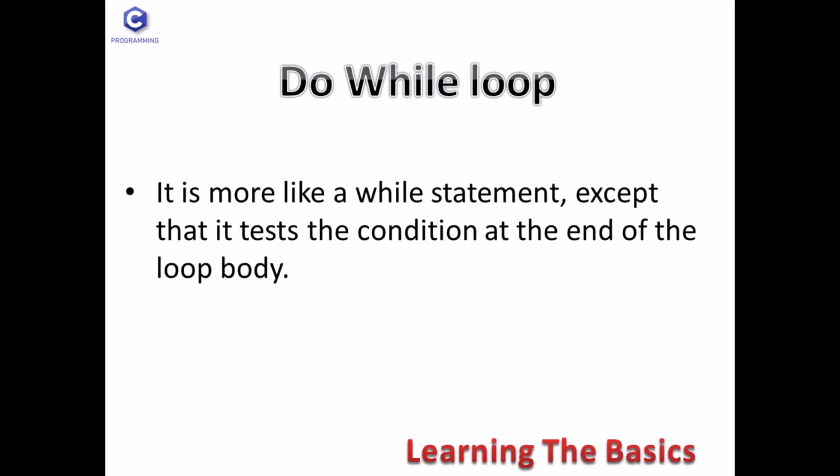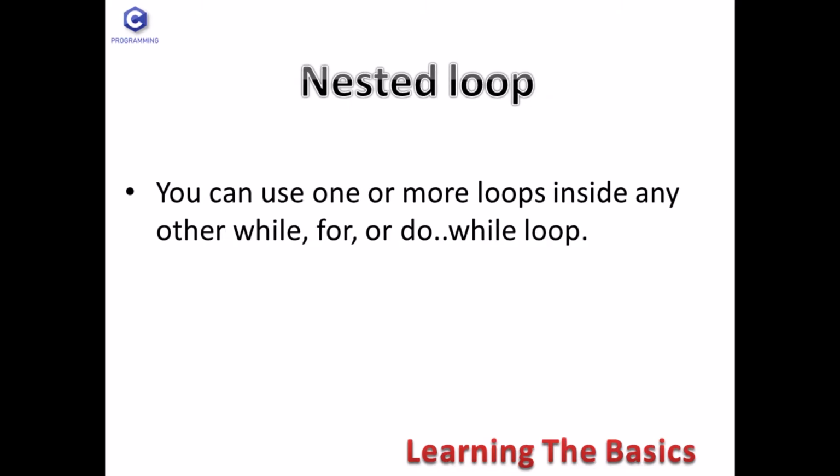The do while loop, on the other hand, is more like a while loop, except that it tests the condition at the end of the loop body. Now, the nested loop, what it does is that you can actually use one or more loops inside another loop. So it's called nested loops.